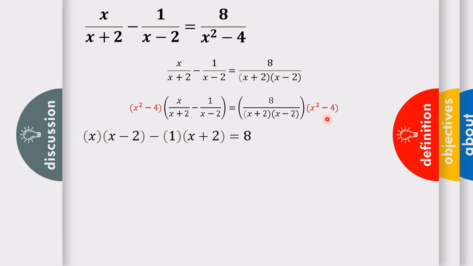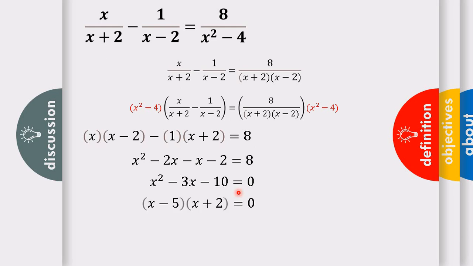We have x times x minus 2 subtracted to 1 times x plus 2 is equal to 8. So distribute: x squared minus 2x minus x minus 2 equals 8. Combine like terms. We have now x squared minus 3x minus 10. So the factors are x minus 5 multiplied to x plus 2.